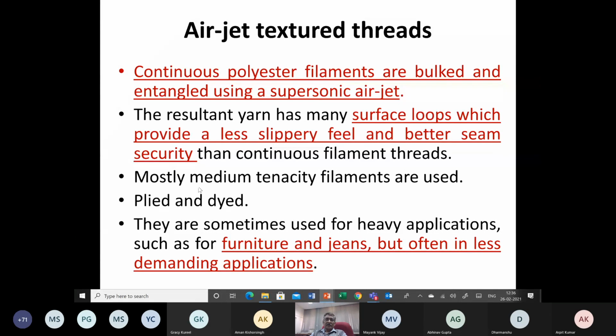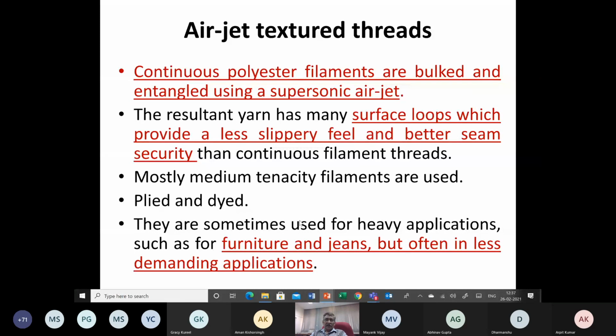And we don't use high tenacity filaments, because they are very stiff and the supersonic jet will have difficulty entangling the filaments. So normally we use medium tenacity. High tenacity is not suitable for this process. And they are always plied and dyed.